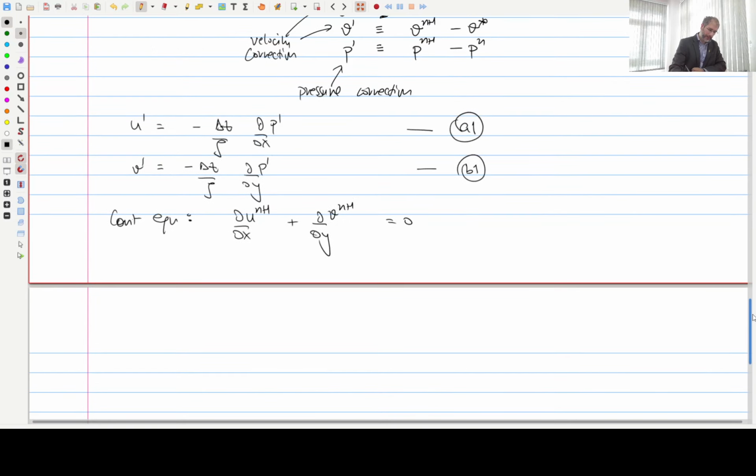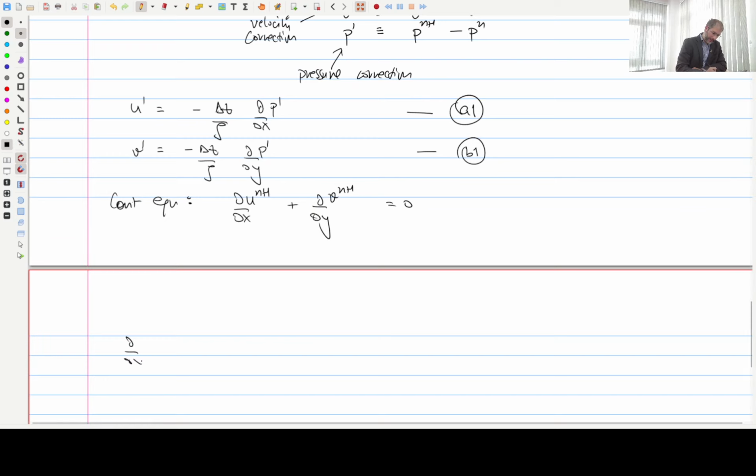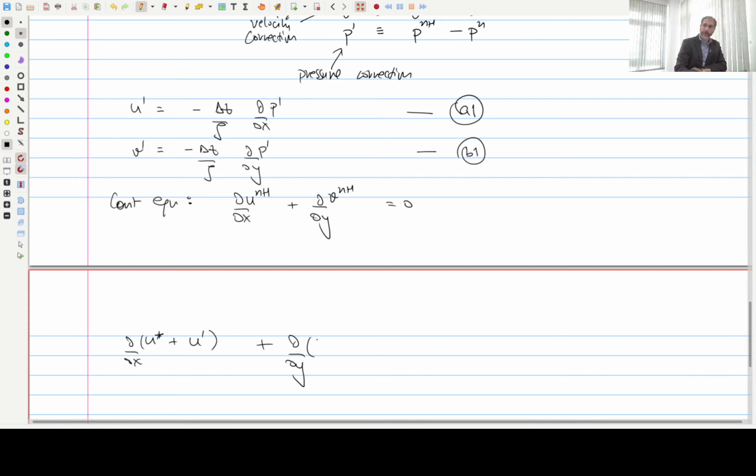So now for un plus 1, I'll write un plus 1 as u star plus u prime, and vn plus 1 is v star plus v prime, and that is equal to 0.